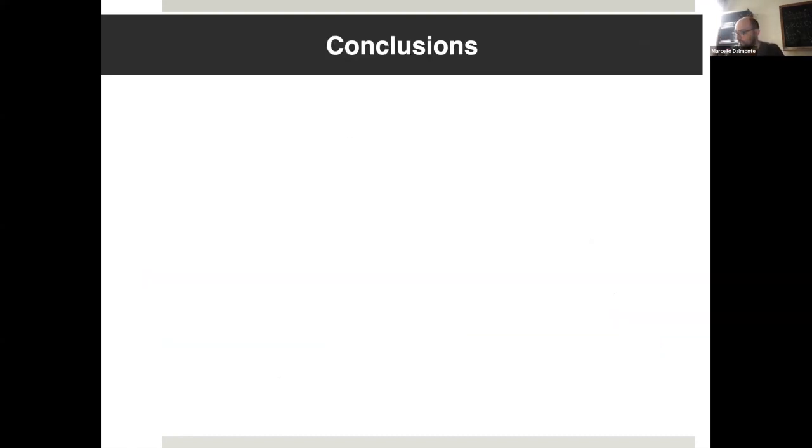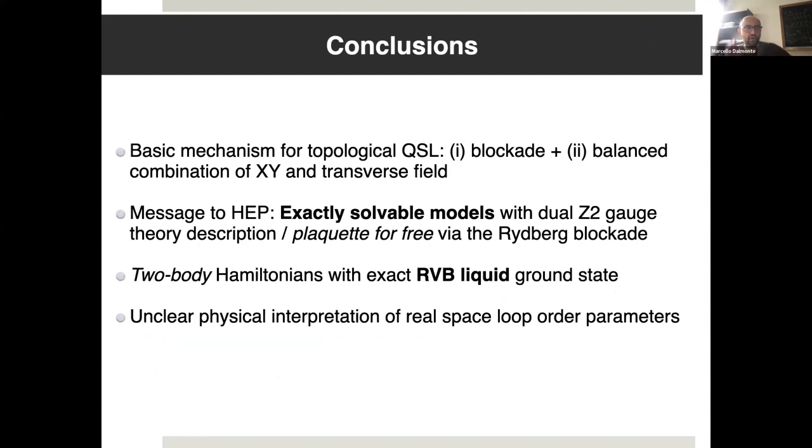So, conclusion. I went a bit fast, but I'm happy, so there is maybe more time for discussion later on. What we did was understand the basic mechanism for realizing these robust quantum memories: to combine Rydberg blockade with proper interactions, which are both of transverse field type and XY.